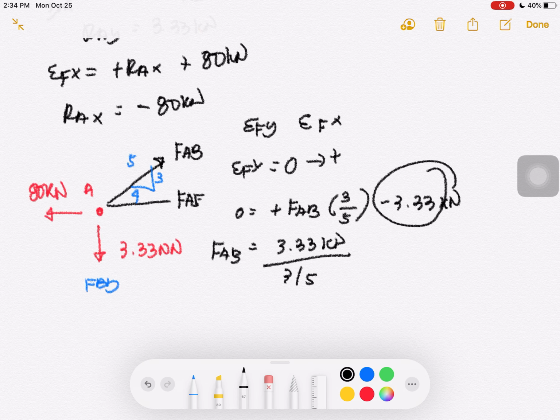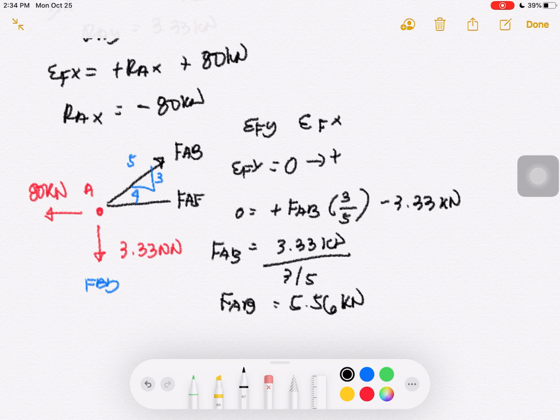Why negative? Because this one is going down, so negative, and the other one is this portion. You convert this force to the y component. Ito yon. Okay, so now your FAB is 5.56 kilonewton.